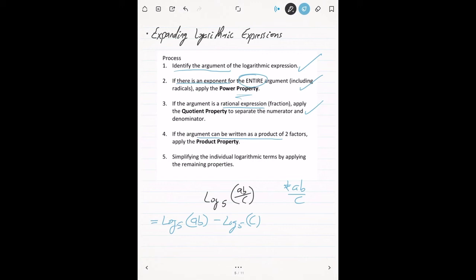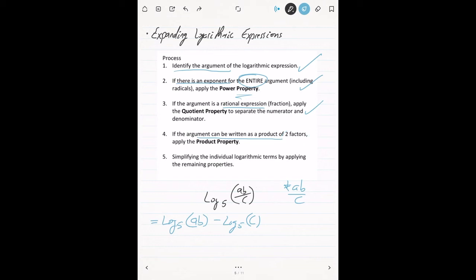So let's look at the arguments here. We have a C. Well, that can't be written as anything other than C and 1, so that doesn't help us. But here we have A times B. That is the product of two factors.